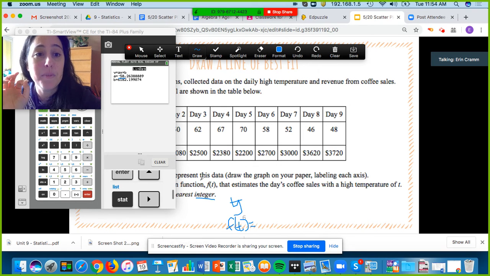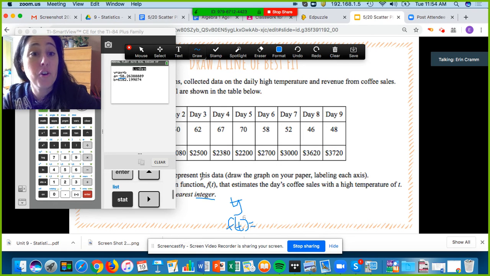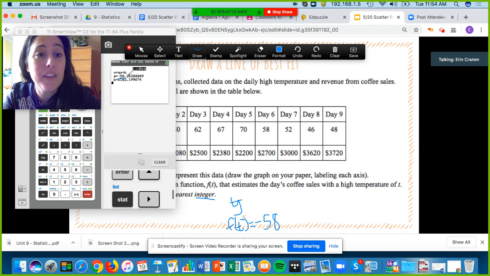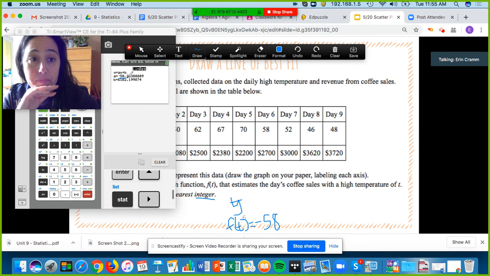I want it to be the nearest integer, which is the nearest whole number. So I'd say negative 58. Remember, it would go to 59 if the next number was a 5 or above, but it's only a 2.